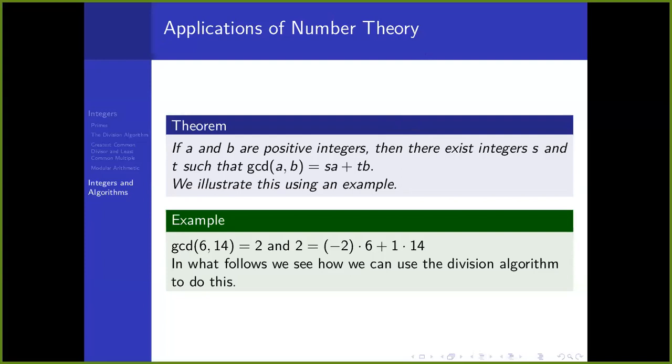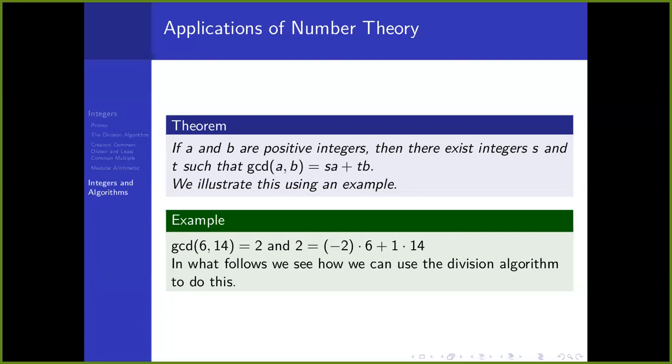Applications: here we are saying the following. If we know the greatest common divisor of two numbers, the theorem claims that it's always possible to find two integers, that is, we call them S and T, such that the GCD of the two numbers will be equal to SA plus TB. We have not given the proof for this theorem, but we have illustrated it using an example.